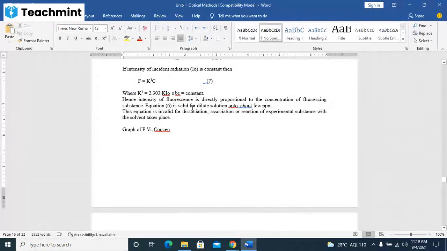Equation 6 is valid for dilute solution up to about a few ppm. This equation is invalid if dissociation, association, or reaction of the experimental substance with the solvent takes place. This graph of fluorescence versus concentration, ग्राफ निकाला है.